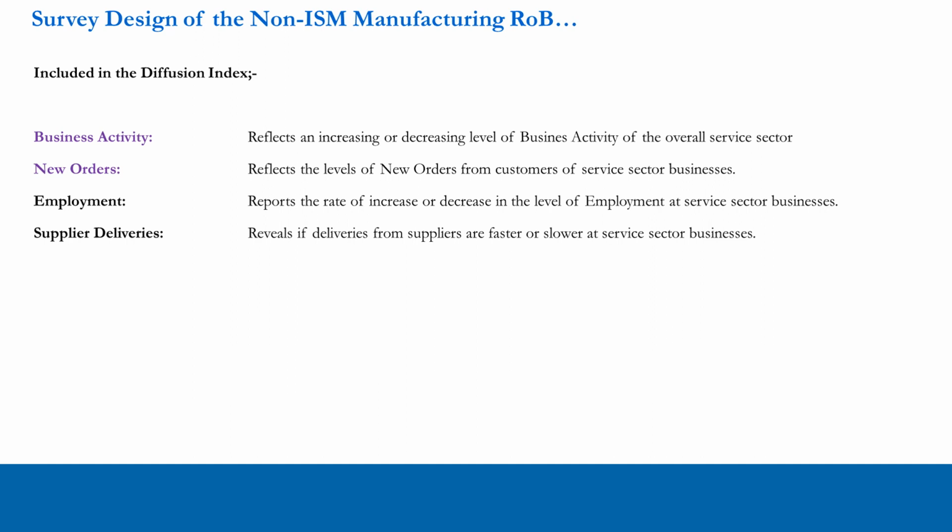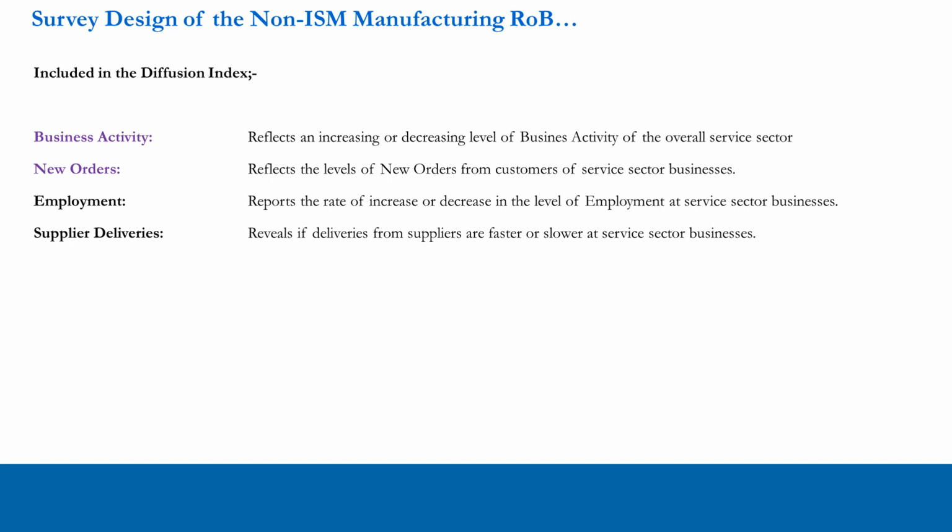So the US service sector in its entirety. So taken together, these 2 are the most important ones because we're getting a general month-on-month comparison of what is happening in terms of business activity and new orders within the US service sector, which remember is 80% of the US economy.